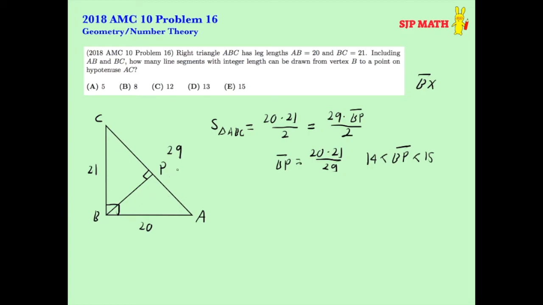We can basically just observe how the change in position of X affects the length of BX. So we're going to split this into two cases. First, let's do color blue. Okay, there we go.